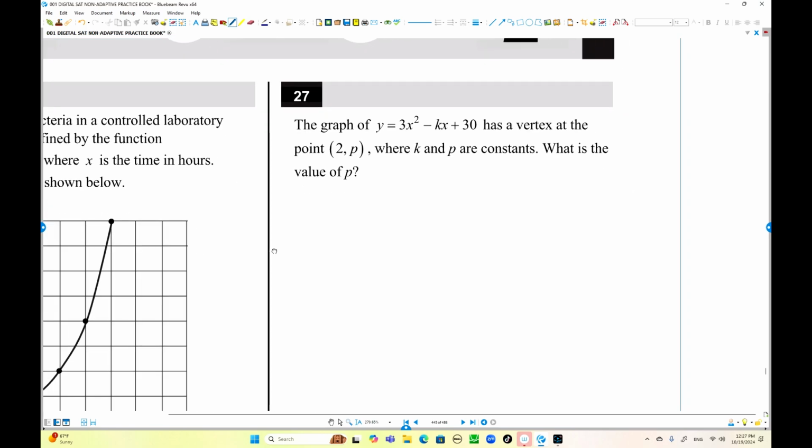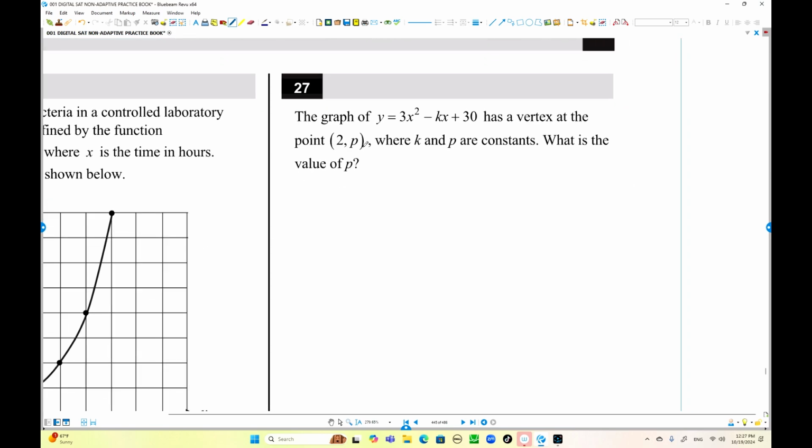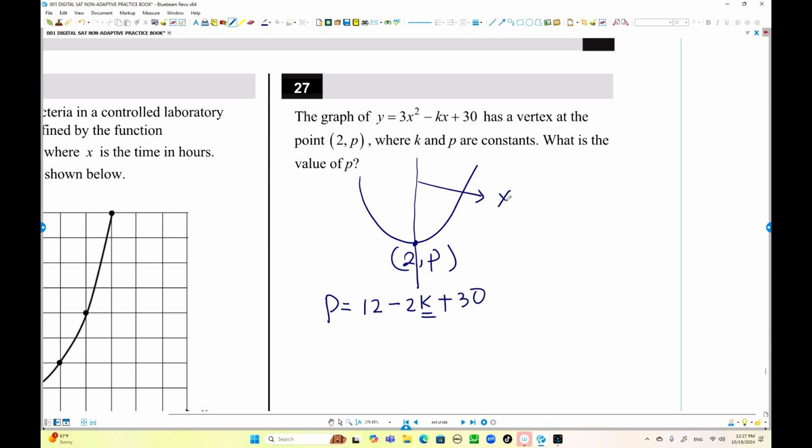Here's number 27. The vertex is (2, p) and k and p are constants. What is the value of p? P is what? The y-coordinate of the vertex, right? This is (2, p). How can you find p? Put this number 2 in there, okay? So p must equal 3 times 2 squared, which is 12, minus k times 2, which is 2k, plus 30. Still, we need to find the value of k. Right? How can you find the value of k? This is the axis of symmetry, x is 2, right? So what is that?